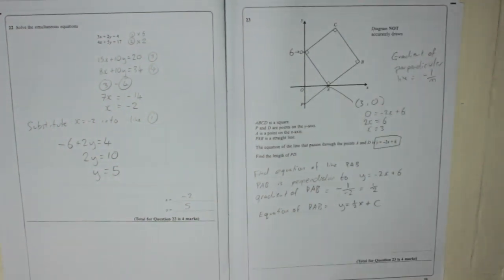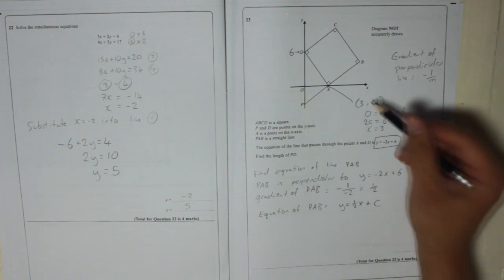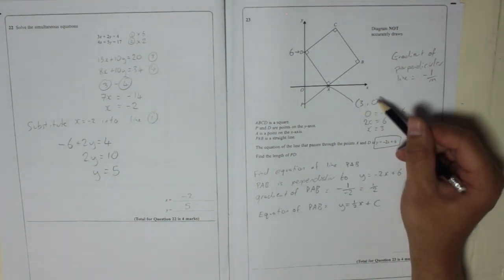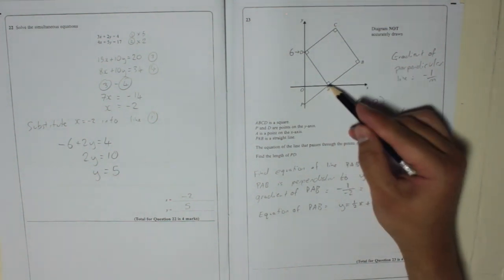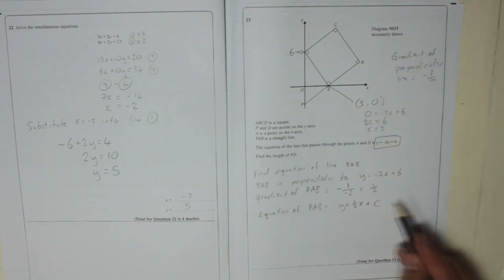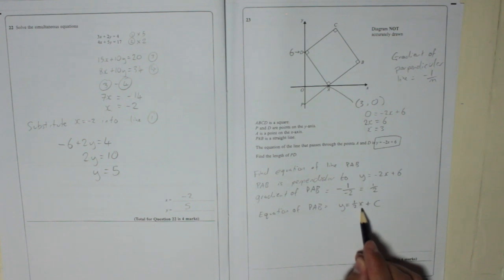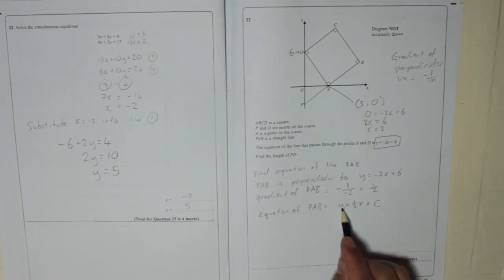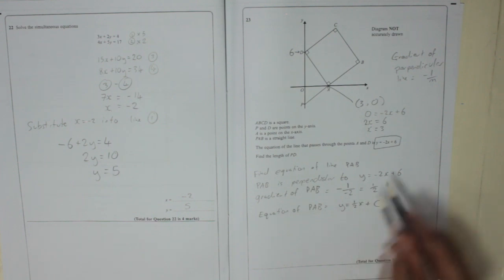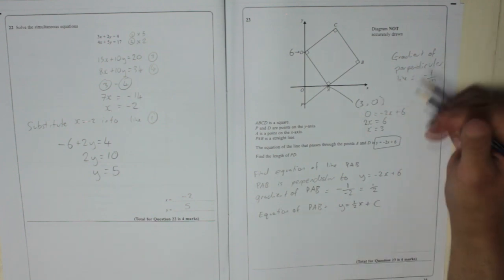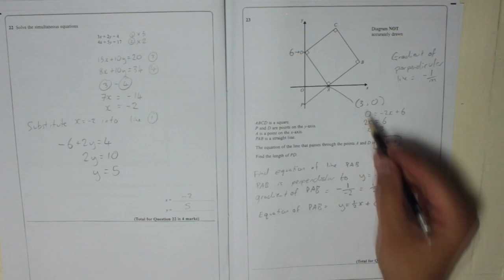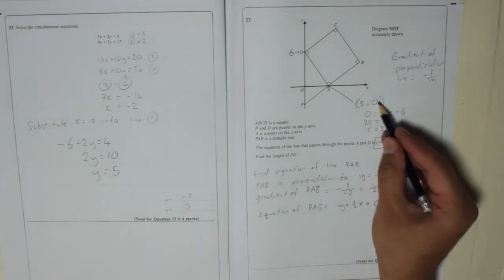Now we have a pair of coordinates that are on the PAB line, and this will allow us to find what c is. PAB is y equals half x plus c, but we don't know what c is. Because we've got coordinates on that line, we can put in an x value and a y value. The coordinates are 3, 0, so 3 is the x number and 0 is the y number.